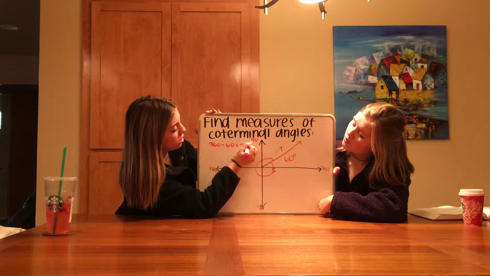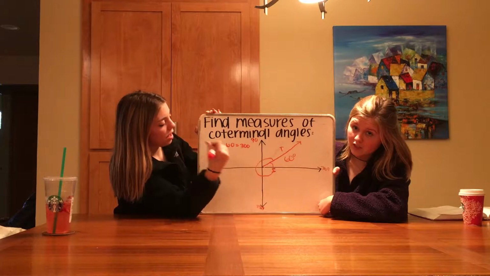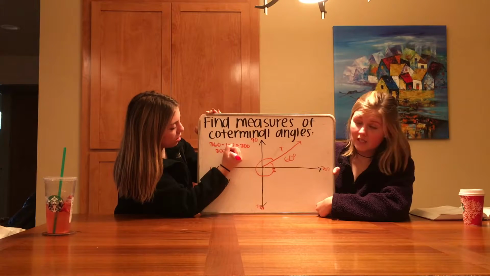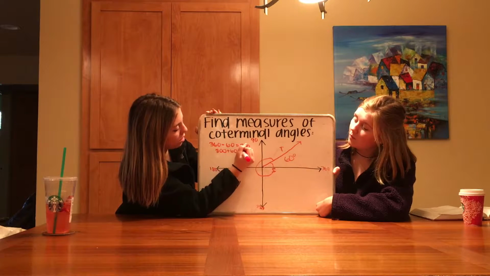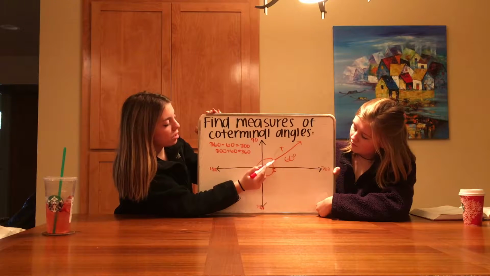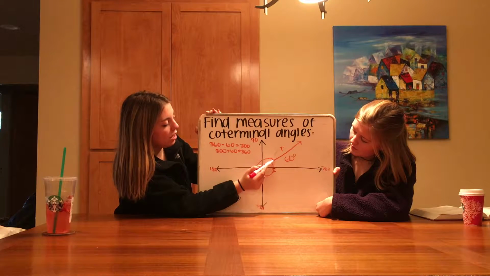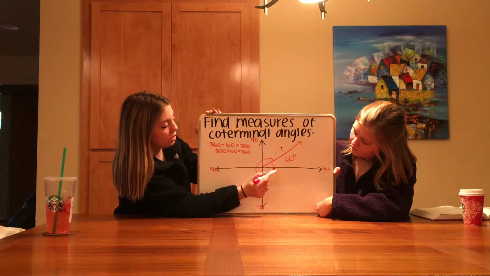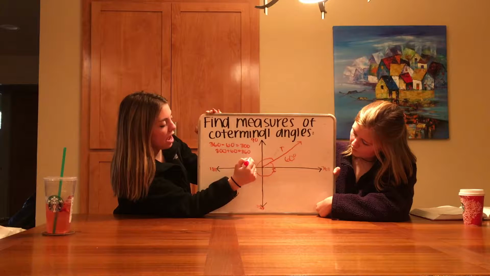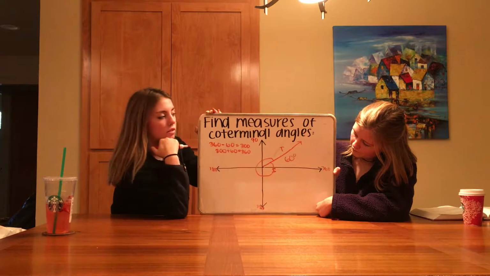So we know that our coterminal angle is 300. You can check your math by doing 300 plus 60 equals 360. The 300 is representing from your terminal side all the way around to your initial side, and this entire angle is 300 degrees.